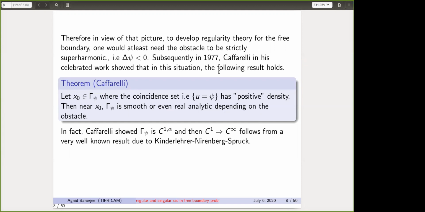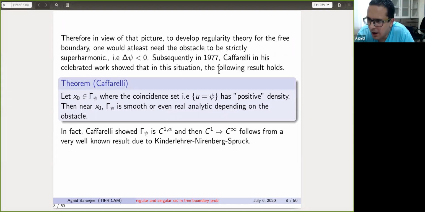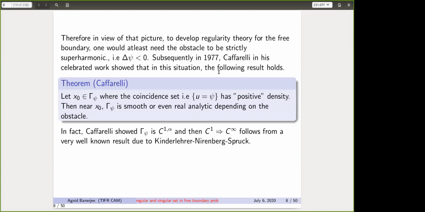Superharmonicity of psi does not necessarily mean that psi itself is smooth. What degree of differentiability, if any, does that give? Okay, so here you assume that you have as much regularity as you want. For all these theorems that I will mention, you can even assume psi to be as smooth as you want. That would not make the problem less interesting, as we will see. When you say gamma psi is smooth, does that involve smoothness assumptions on psi?